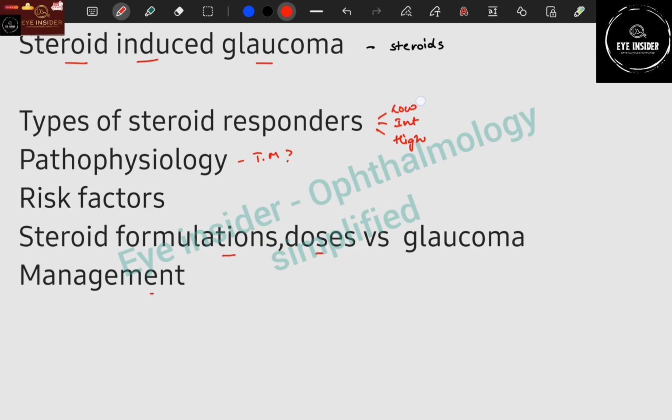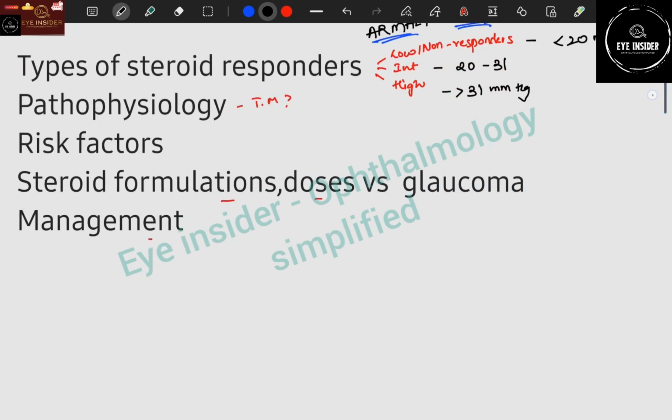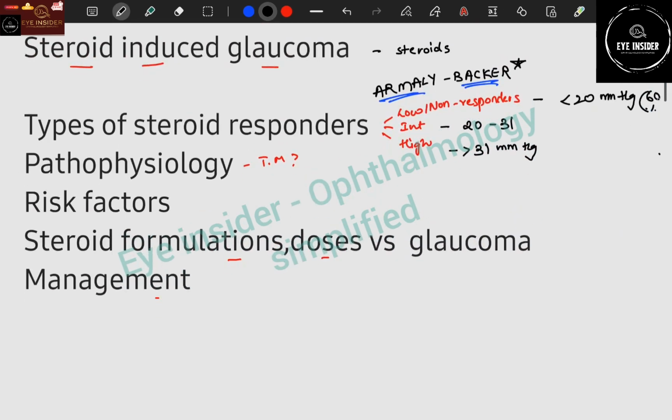Coming to the types of steroid responders, there are non-responders or low responders, intermediate responders and high responders. This is based on Armaly-Becker's classification. In non-responders, the IOP rise is less than 20 mm of Hg. In intermediate it is 20 to 31, and in high responders it is more than 30 mm of Hg.